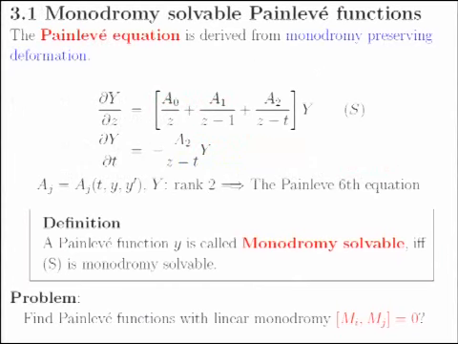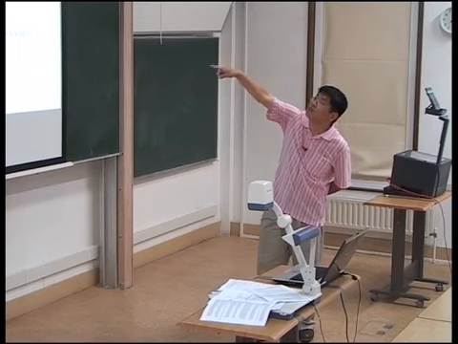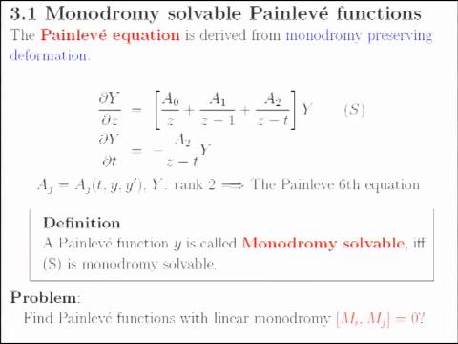So I'll go to the Painlevé equation, monodromy preserving deformations. Painlevé equation is given by the monodromy compatibility condition of these two equations, and this gives the monodromy preserving deformations. So I give the second definition.